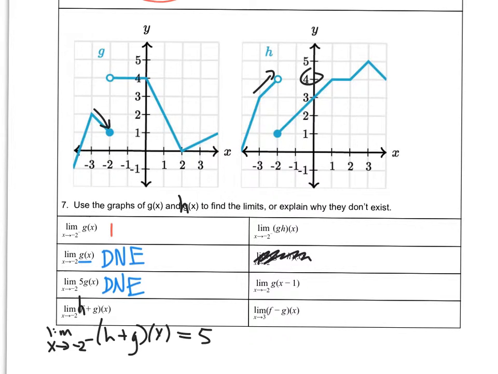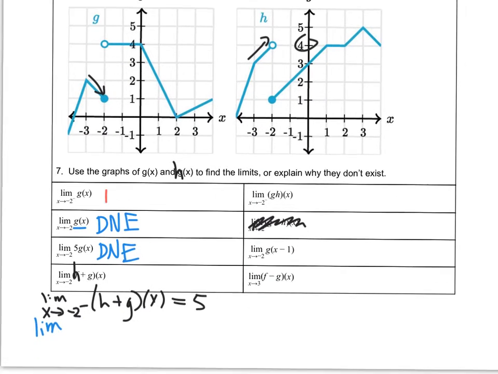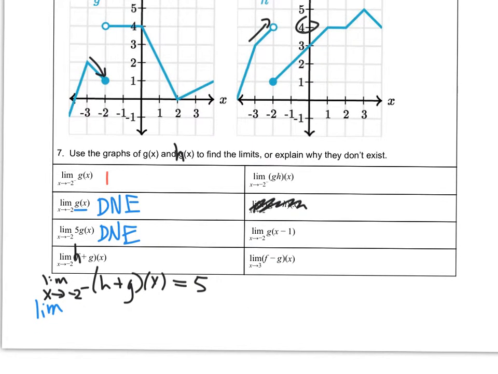From the right, so that's the limit as x approaches negative 2 from the right of h plus g of x, we've got a limit of 4 and a limit of 1. So 4 plus 1 is going to be 5. Since both of these exist and they're equal to 5, that means the overall limit exists and is also equal to 5.